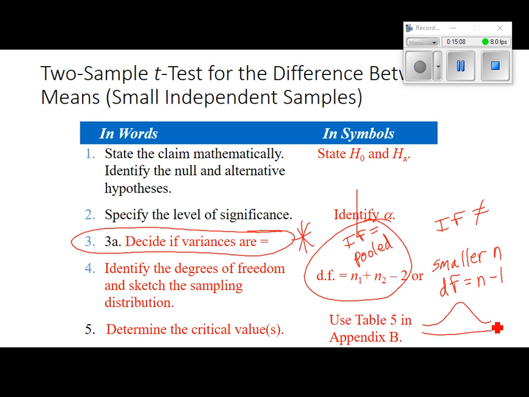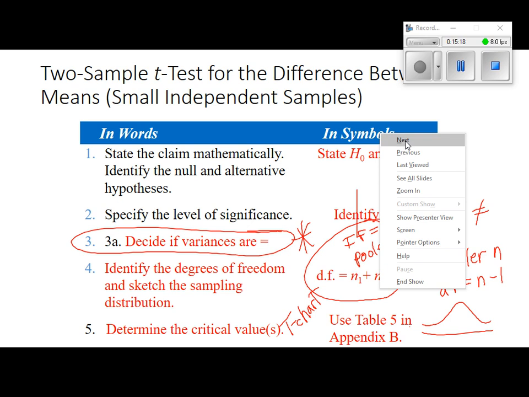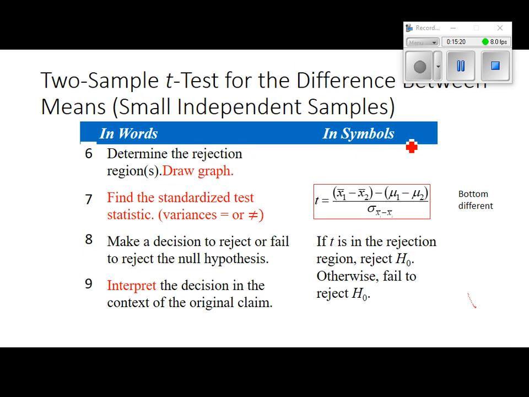Number 5, again, that's just drawing the little picture, figuring out. And this time, instead of using the front page, we're using the T chart. This is the formula. Again, I'll say it this time. We always know that that second part right there is always what? 0.